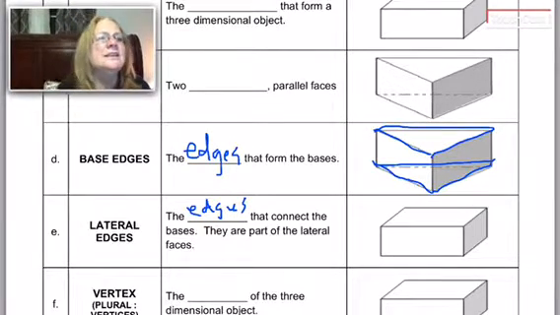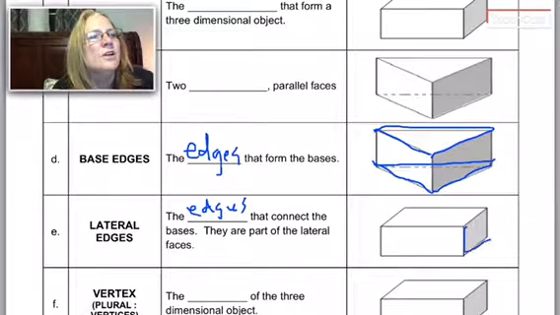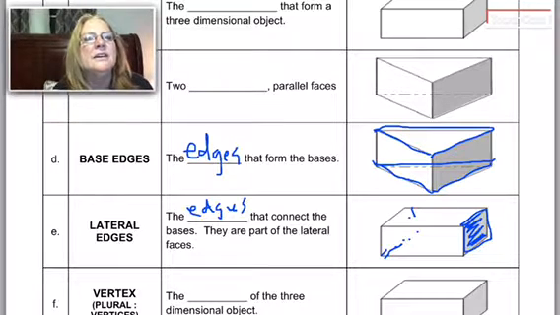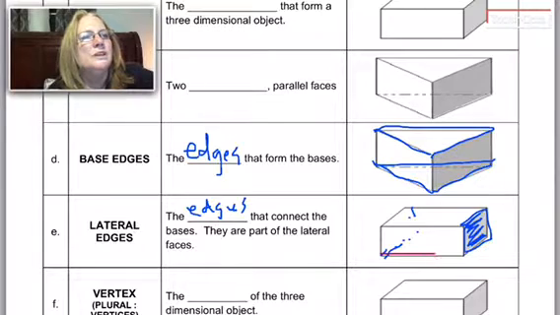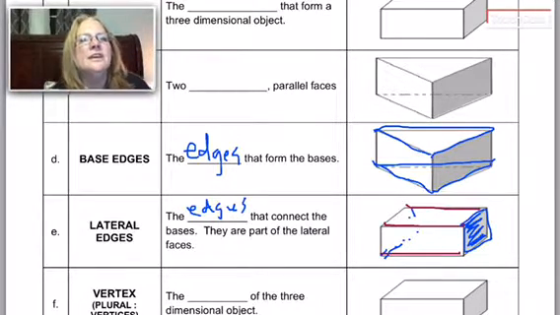So in this picture here, you have choices of what you're going to call your base, because they've highlighted this, and so we're going to call that our base. So that means this would be the base, and then over here, the one that we can't really see is our other base. So the lateral edges would be these edges here.